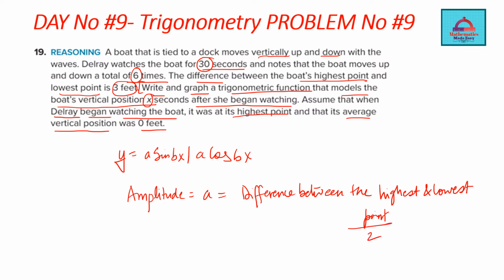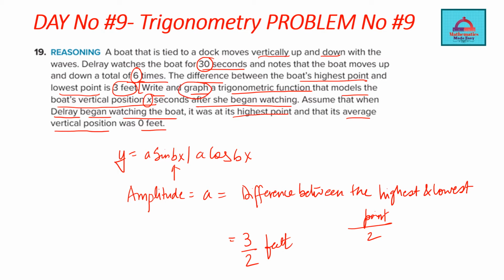Here the difference is already given to you. It is 3 feet. So our amplitude becomes 3 by 2, because the difference between the highest and lowest point is 3 feet. So 3 by 2 feet, that's your amplitude. So one value, A, we have got. If we just get B, we are done. And then you can use a graphing calculator to finish off with the graph.